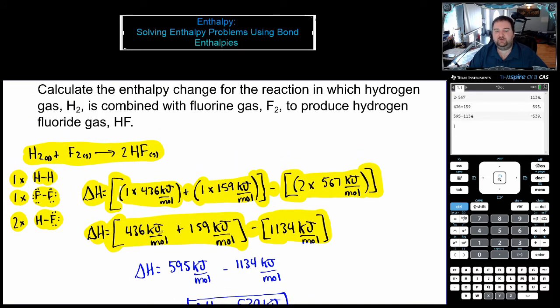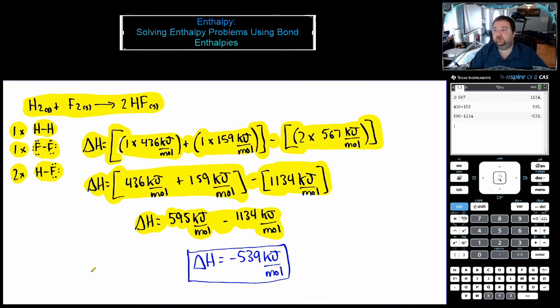So 436 plus 159 is equal to 595 kilojoules. And we need to subtract 1134 kilojoules per mole from the bonds that are being formed. And so when you do this, you get a delta H of negative 539 kilojoules per mole.